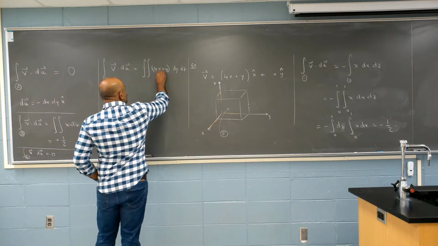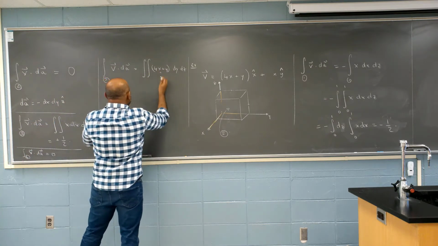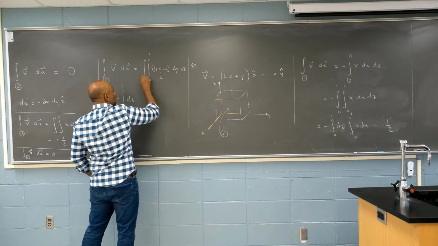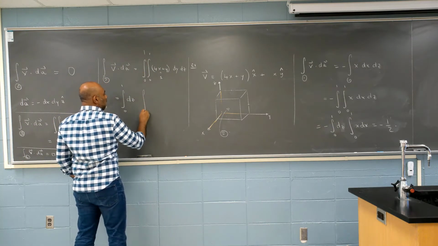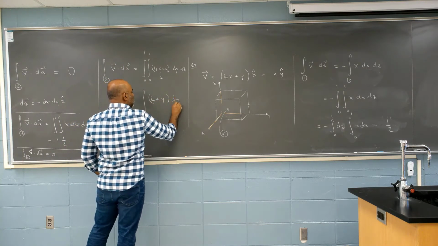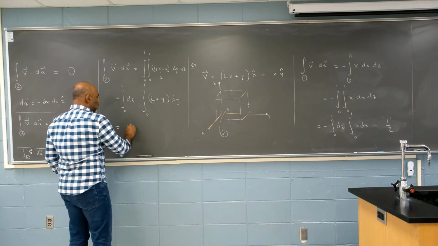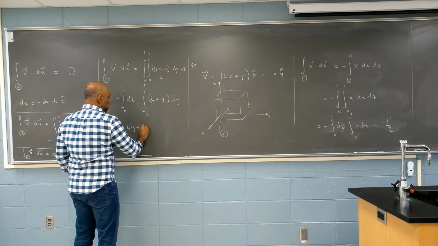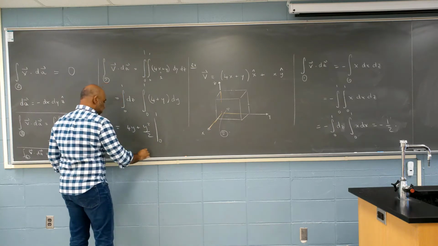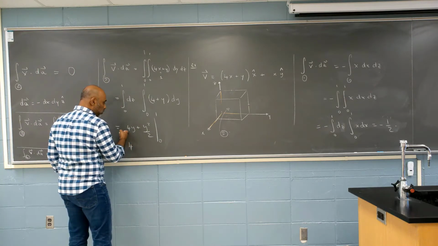Always 1. And I don't see any z here, so first let me do z. So this is 4y plus y squared over 2, 0 to 1. So that is 4.5. 4 plus 1/2.